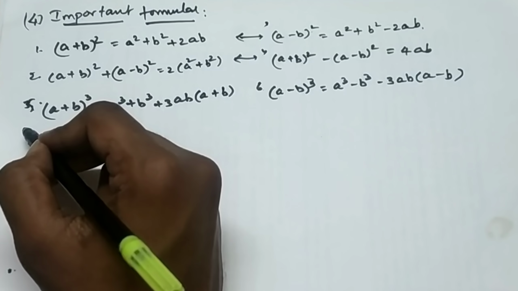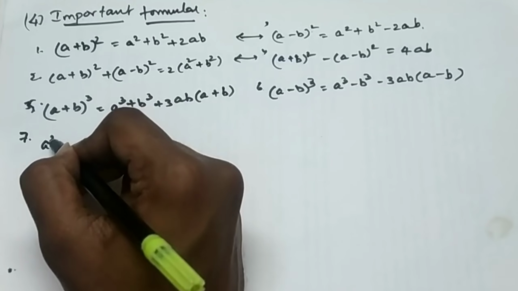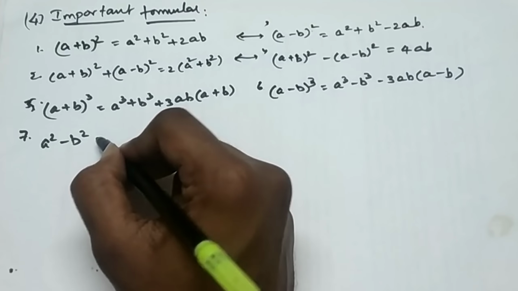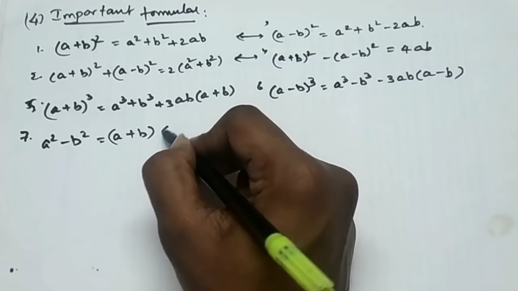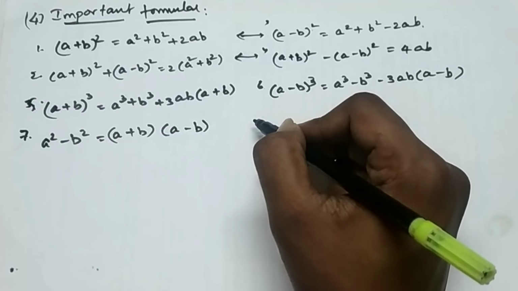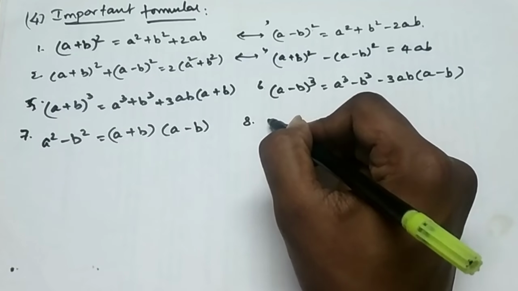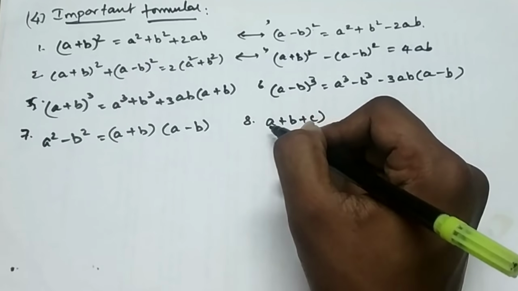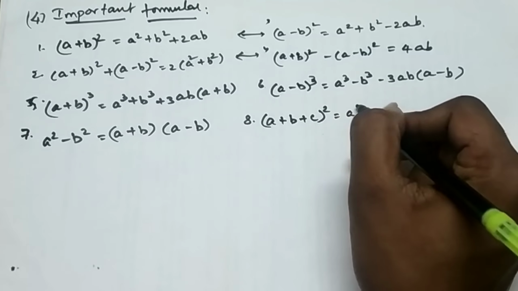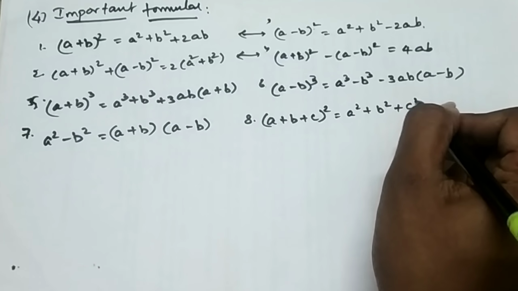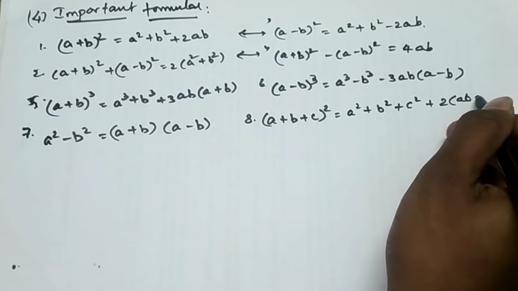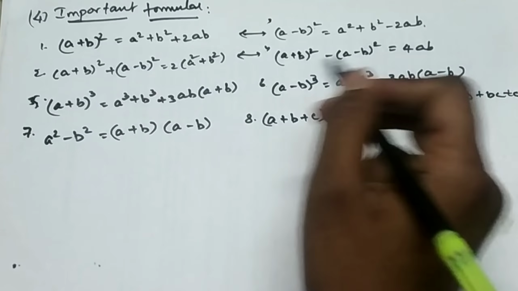a² − b² equals (a + b)(a − b), and (a + b + c)² equals a² + b² + c² + 2(ab + bc + ca).